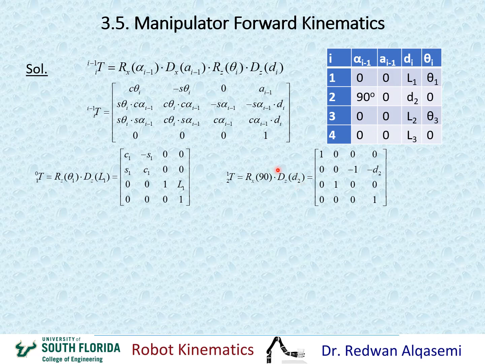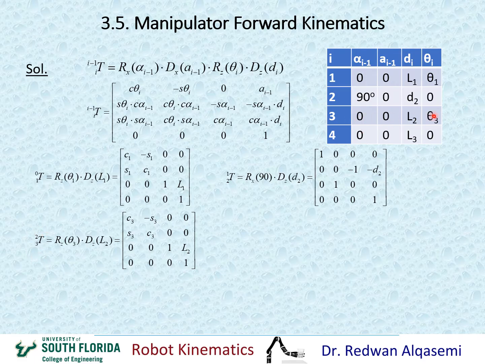Okay, so I can either multiply these two transformation matrices together to come up with this, or I can just substitute the values from this line directly into this equation here. Okay, now similarly we can find T23.